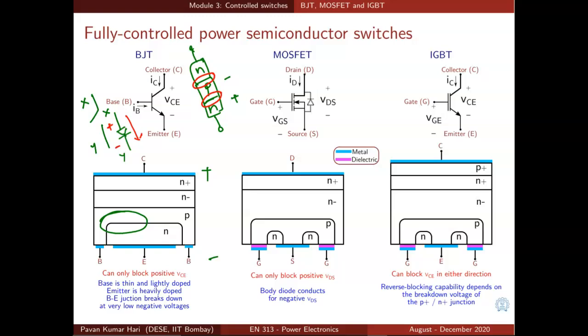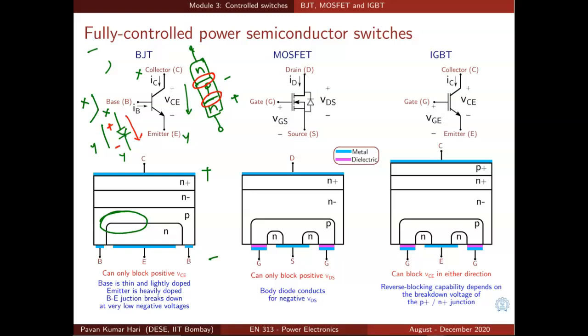But in the case of BJT, when the current flows, it flows from X to Y. Again, imagine X to be collector and Y to be emitter. When the device is off, the voltage between X and Y has to be positive for the device to stay in off state. It cannot be negative.